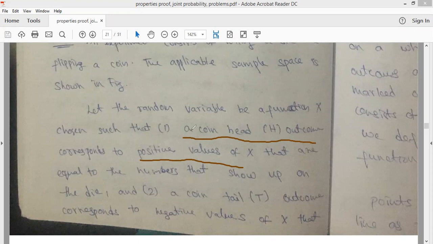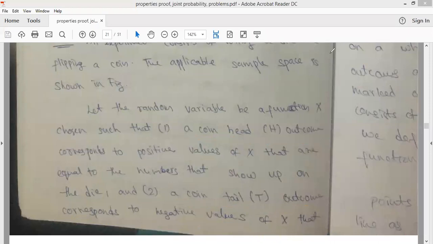So head means nothing but a positive value, and whatever value you get on the die is the value that shows up. When you get tail T, the outcome corresponds to a negative value of X.